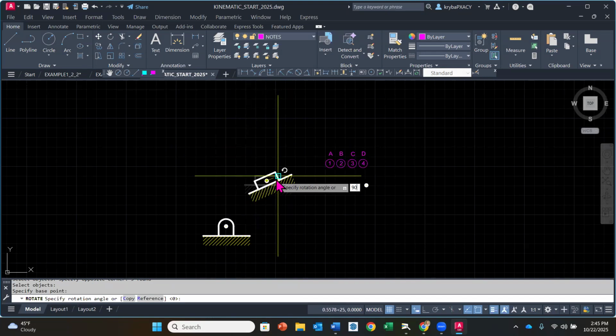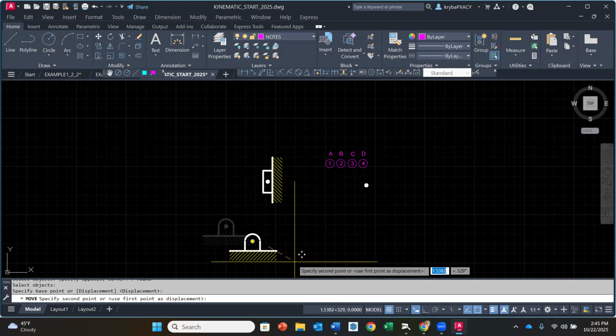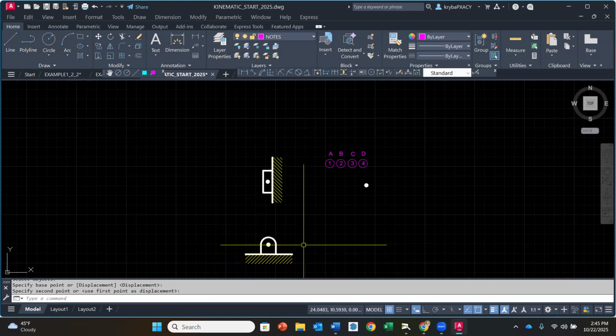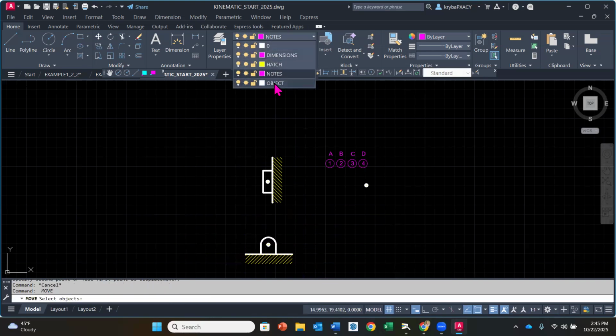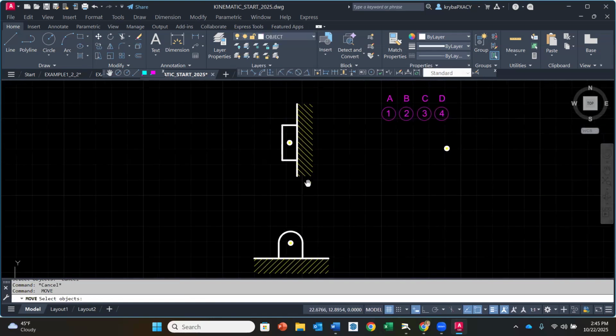So I want this to be 90 degrees positive, okay? And then it's going to be vertical. All right, so that's going to be my, and I'm looking at relationship wise. I think I'm going to move this down and over a little bit, okay? And then now I'm going to put in my elements.